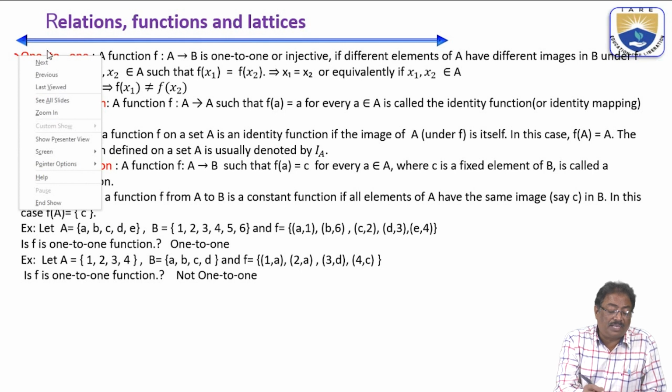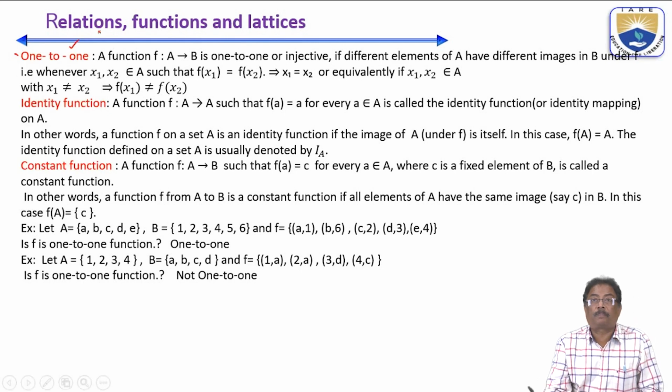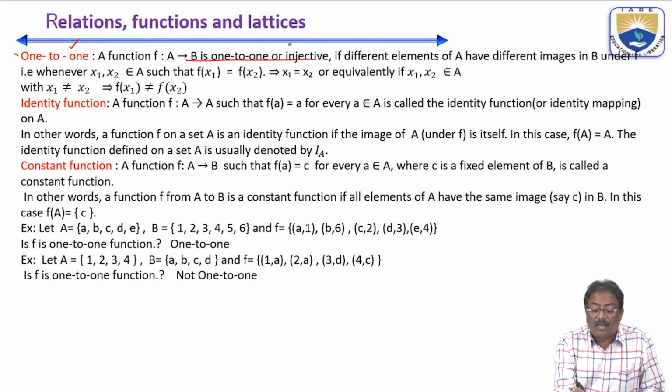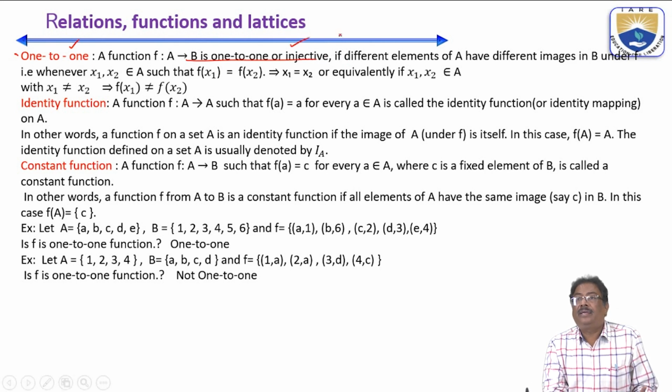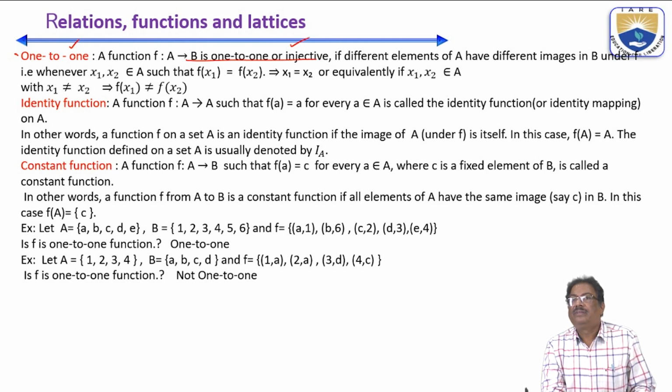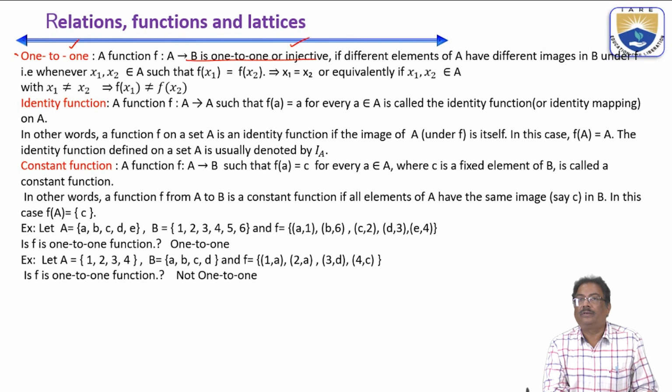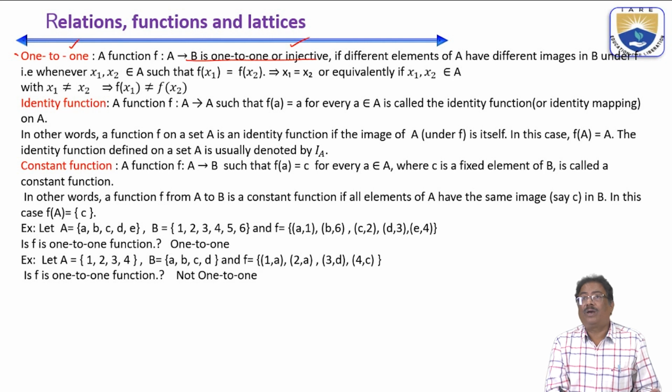A function is one to one, or an injective function, if different elements of A have different images in B under f. Or whenever any two elements x1, x2 belonging to A are such that f of x1 is equal to f of x2 implies x1 is equal to x2, that means when the images are equal, the elements are also equal.